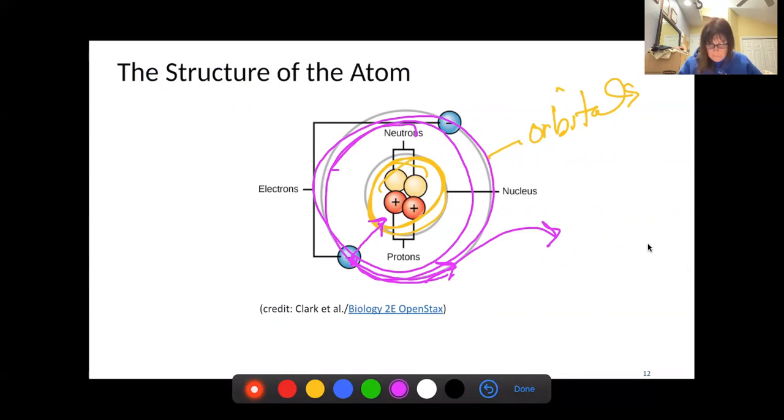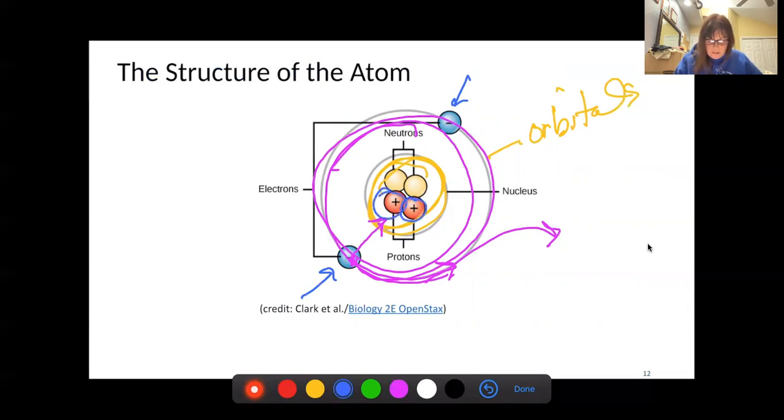Electrons also want to keep away from each other. Notice we have an electron over here and they're on opposite sides, because we know that opposites attract, but the same charges repel. You've seen that with magnets, which have attractive sides or repulsive sides if you put the same poles together. Then how are the protons in here?